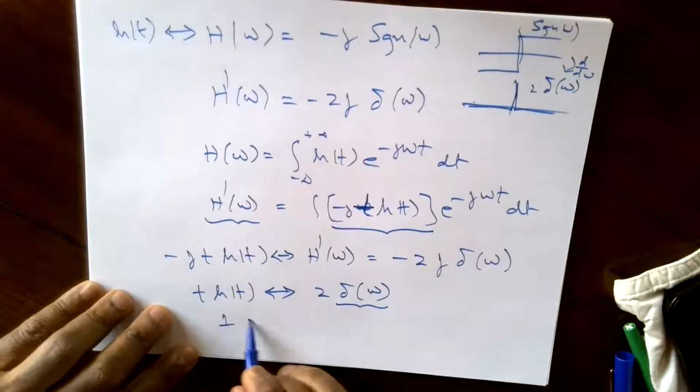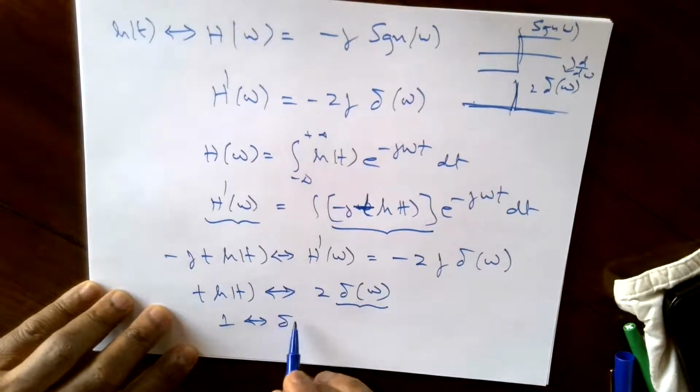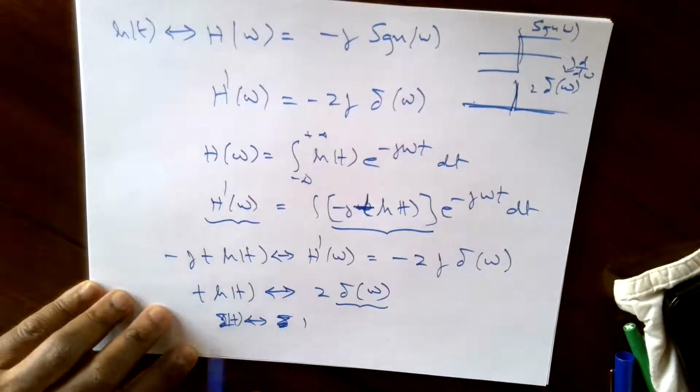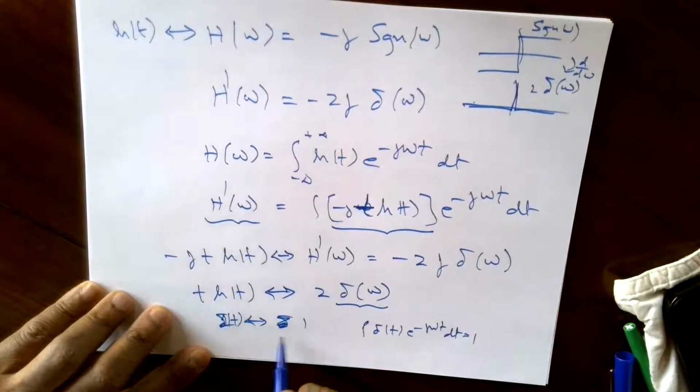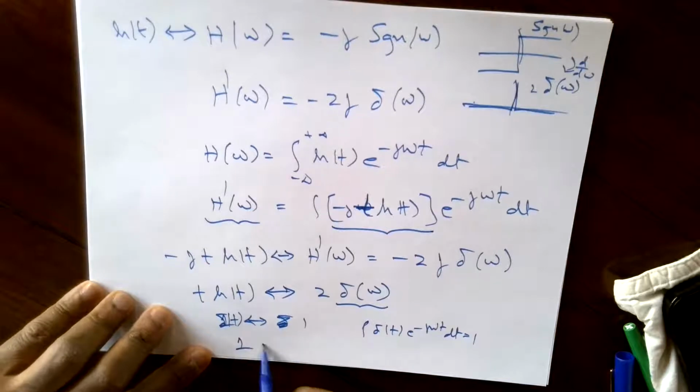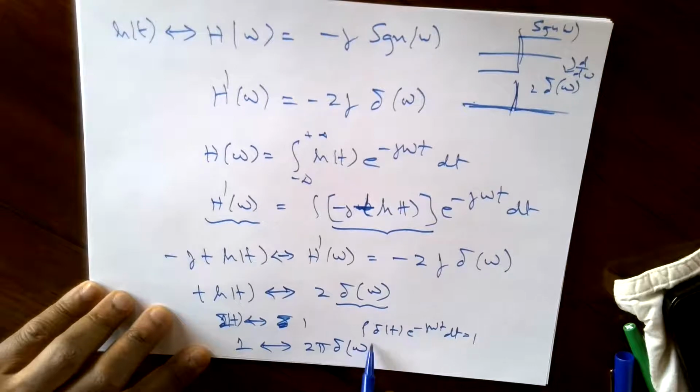But notice that delta t has a transform of 1, because the transform of delta t is the integral of delta t e raised to minus j omega t dt. That's 1. So using the duality property, 1 has a transform of 2 pi delta omega.